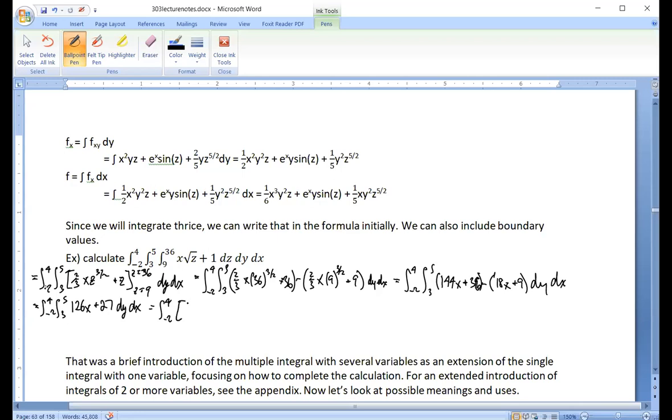So now we integrate this dy. So 126xy plus 27y, and then we're plugging in y goes from 3 to 5.